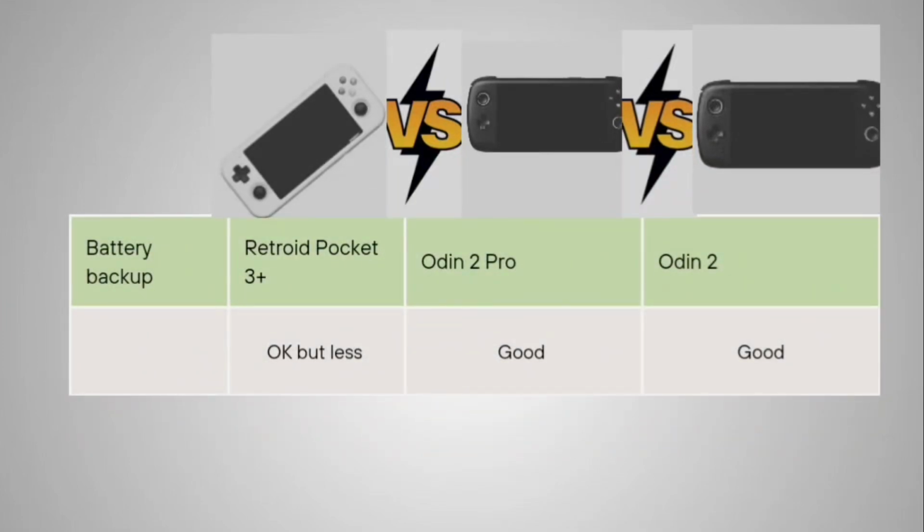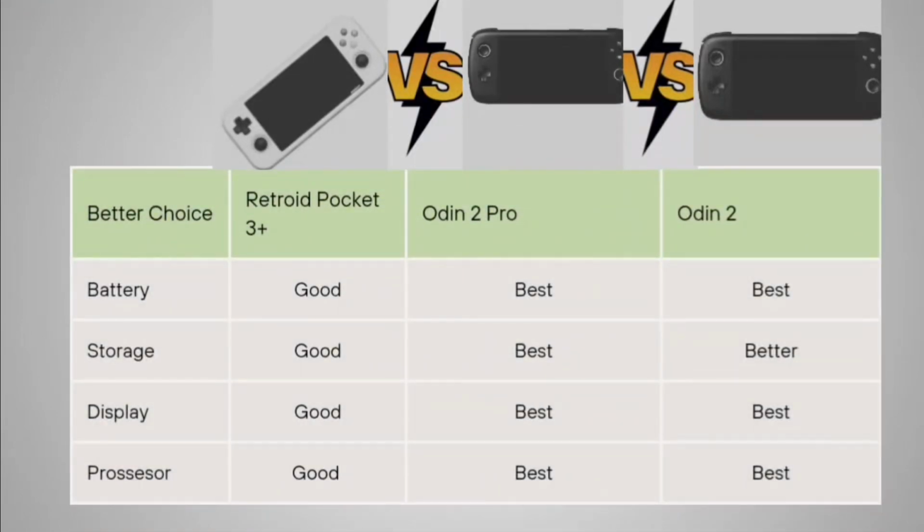Now talking about battery backup, the Retroid is okay, though it has less battery backup, and the Odin 2 Pro and Odin 2 both give you the same output. If you play continuously, you can get around 6 hours of backup on the Odin 2 Pro and Odin 2.